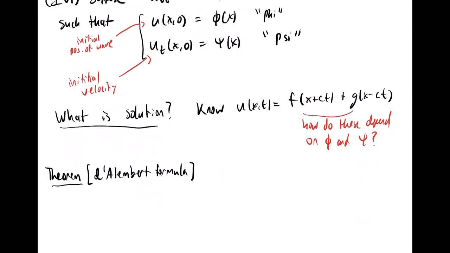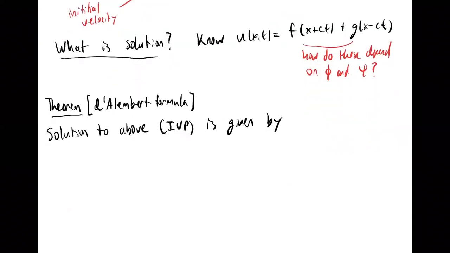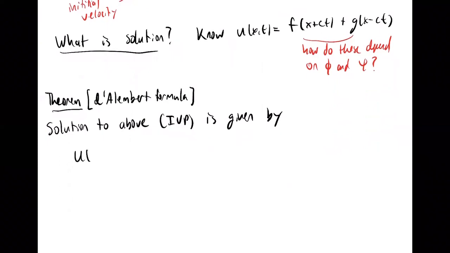So the theorem is that the solution to the above initial value problem is given by u of x,t equals, well, I have a certain term that corresponds to phi, the initial position, and this term is 1/2 times phi of x plus ct minus phi of x minus ct.